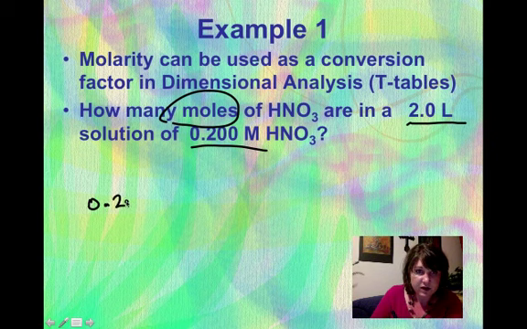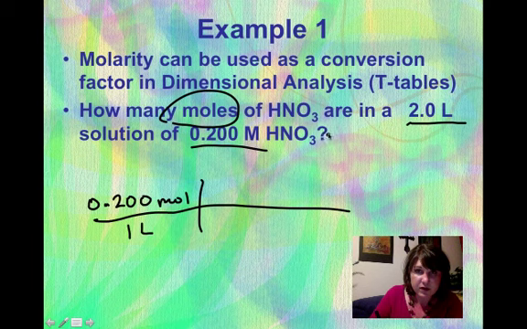We have 0.2 moles per liter. That's what molar means, right? Means moles over liters. So 0.200 moles in every 1 liter of nitric acid. And how much do we have? 2 liters.